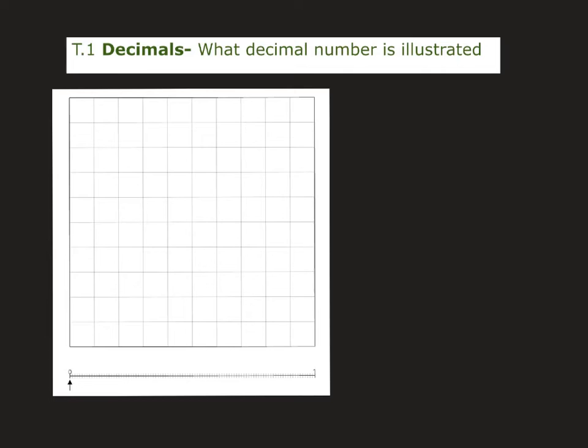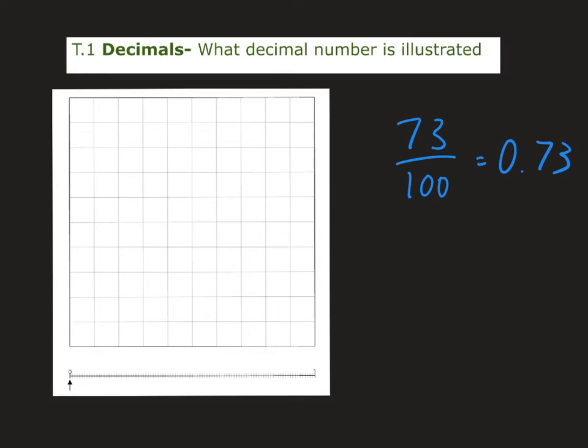Now let's flip it around. Let's say I wanted to shade in 73 hundredths, or 0 and 73 hundredths. It's the same thing, just written two different ways. All I need to do is count by tens. If I shaded in this little square right here, that's 1/100th.